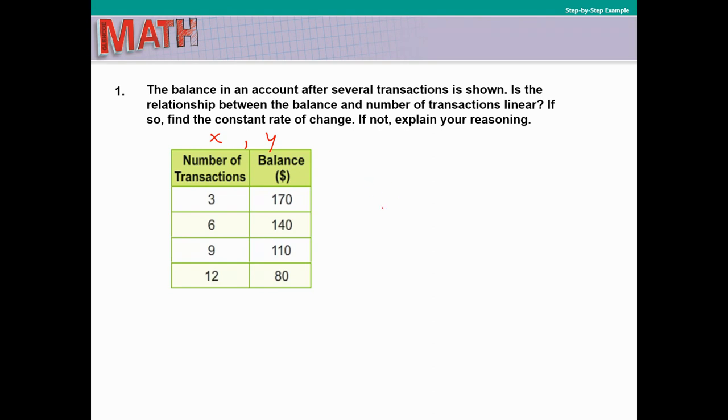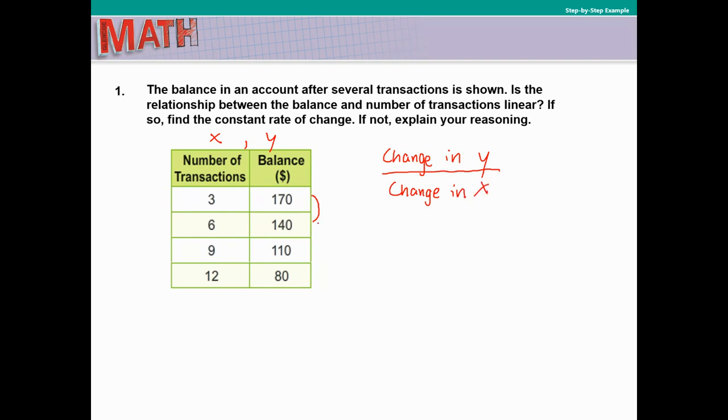So to analyze this, we could put it on a graph to see if it's linear, but there is an easier way. Without having to graph all this, we can actually just find the rate of change. So I have to ask myself, how much is the Y changing? Change in Y. That's going to form the numerator of my ratio. And then how much is the X changing?